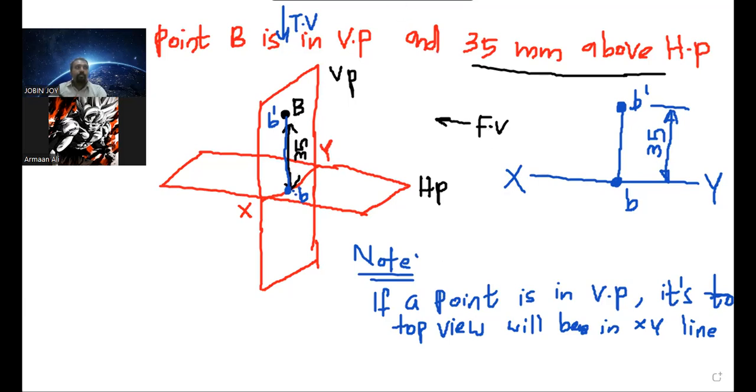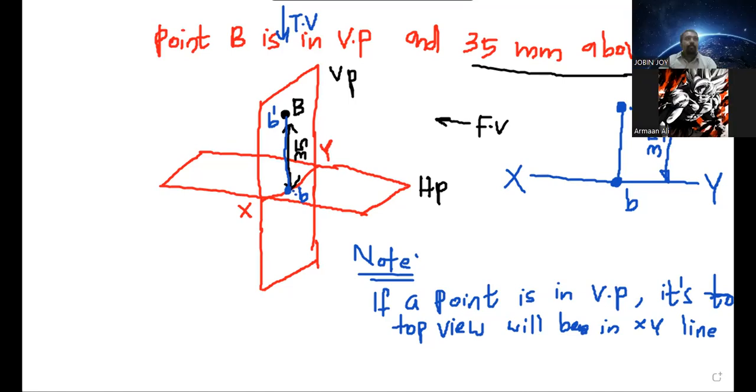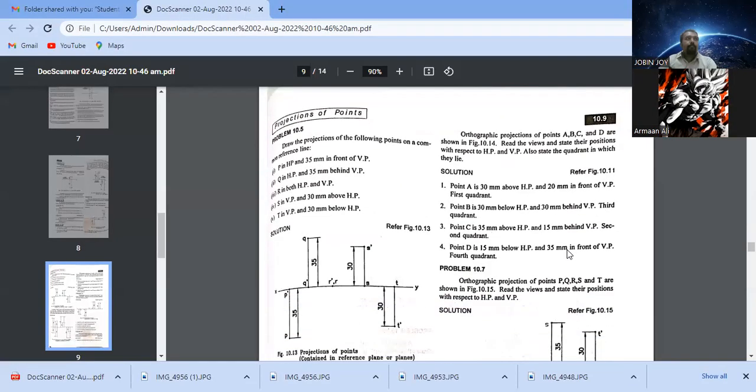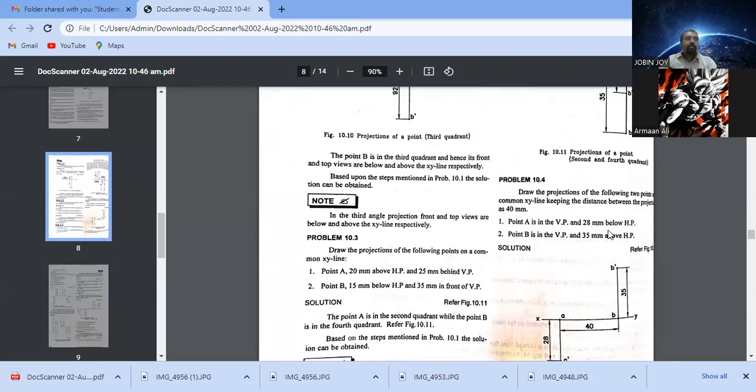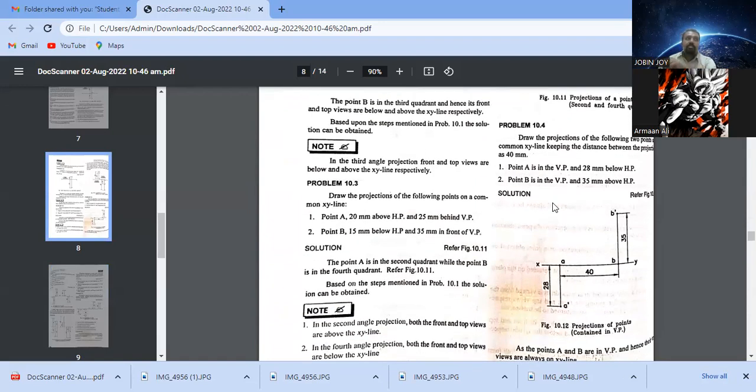Okay, next question. In the question you can see, draw the projections of the following 2 points on a common reference line. So we have to draw the projection on a common reference line such that the distance between the projectors is 40 mm.